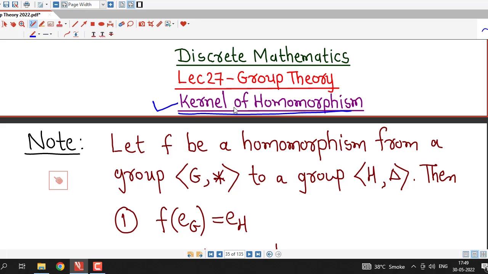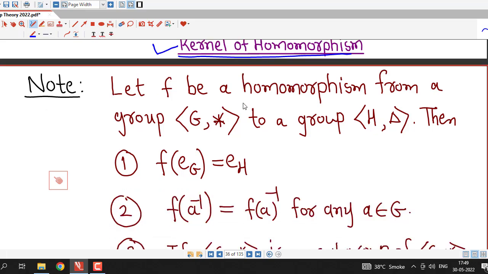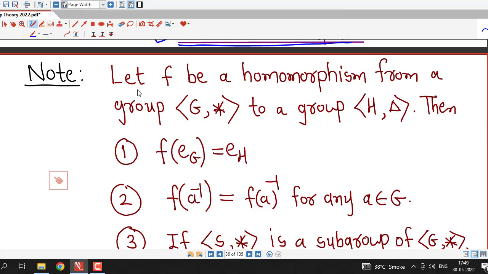So before going for the definition, we just recall these properties of homomorphism. Let F be a homomorphism from a group G under binary operation star to another group H under binary operation delta. Then we have proved these two properties in previous lecture, that F of identity of G equals identity of H. Similarly, the inverse of F of A is equal to F of A inverse.